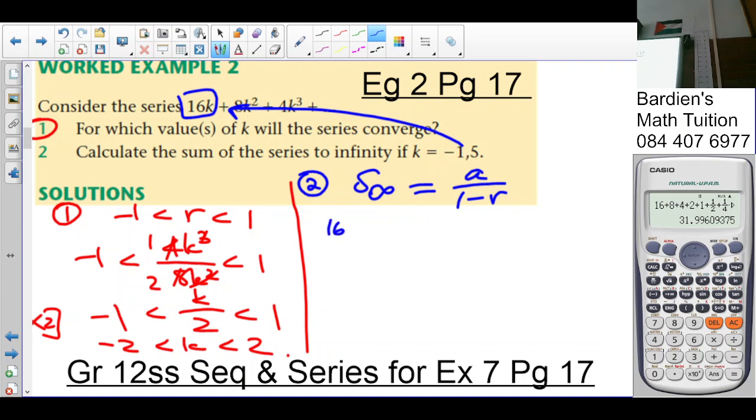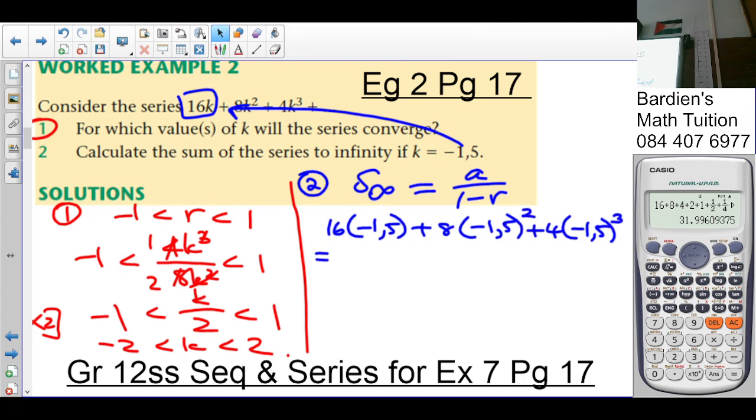So it's going to be 16 times negative 1.5, plus 8 times negative 1.5 squared, plus 4 times negative 1.5 cubed. So 16 multiplied by 1.5 is negative 24.